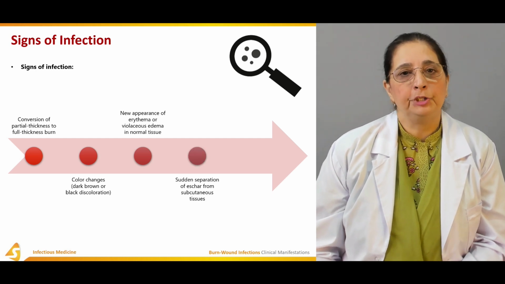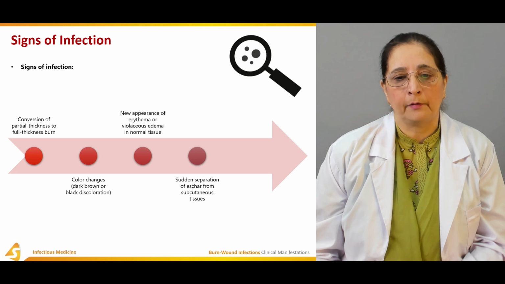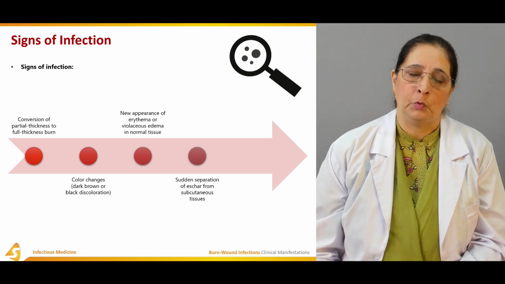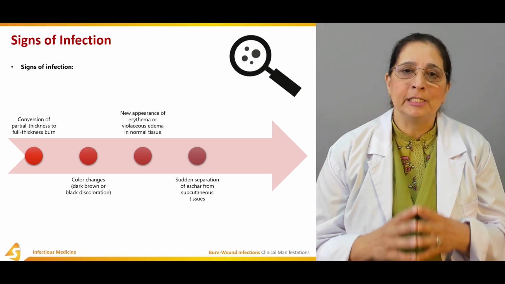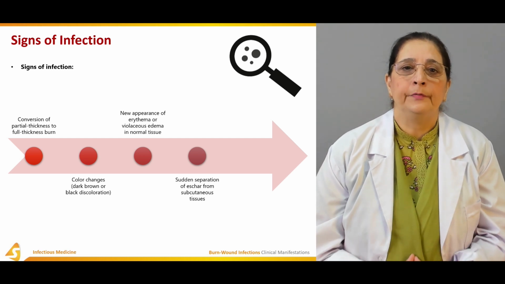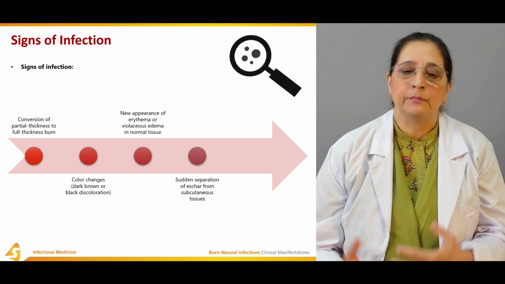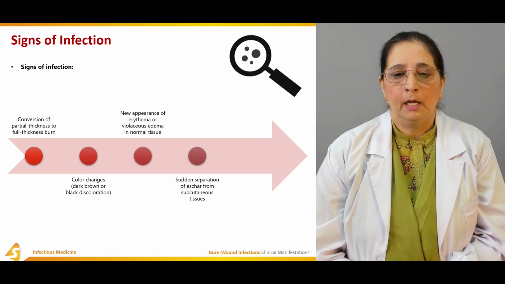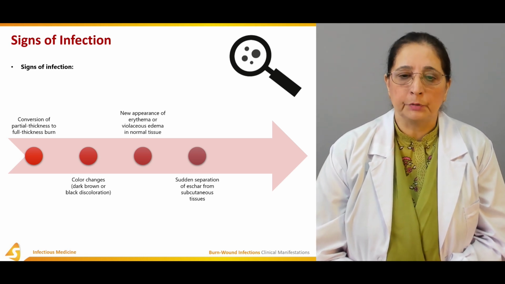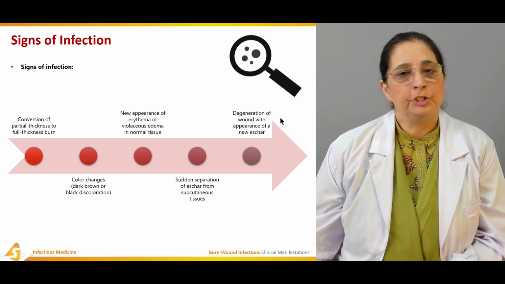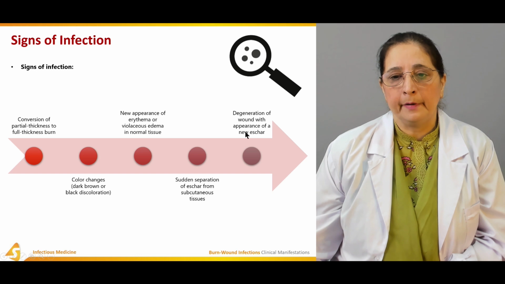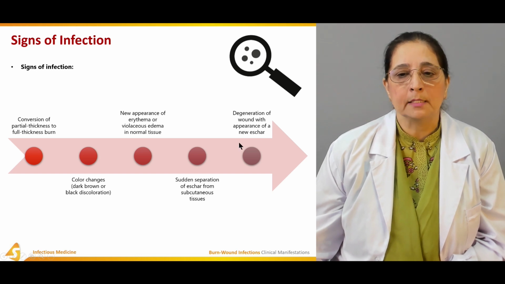Sudden separation of eschar from subcutaneous tissue. So the eschar tissue, the dead tissue as a result of the burn, separates from the normal subcutaneous tissue. Degeneration of wound with appearance of new eschar.